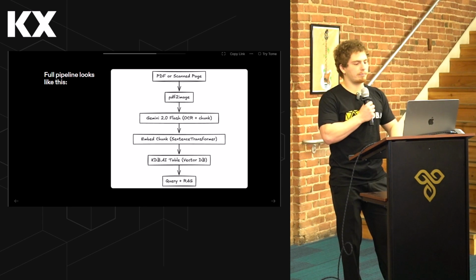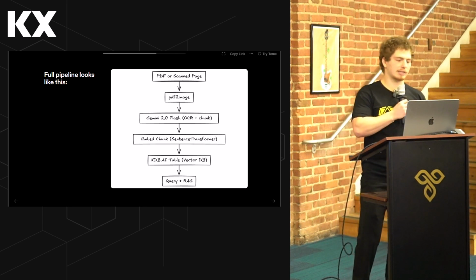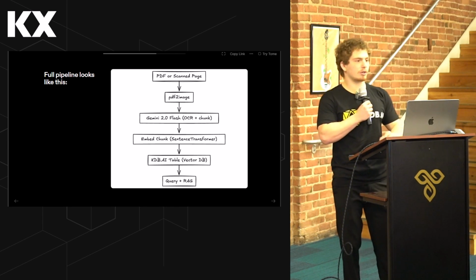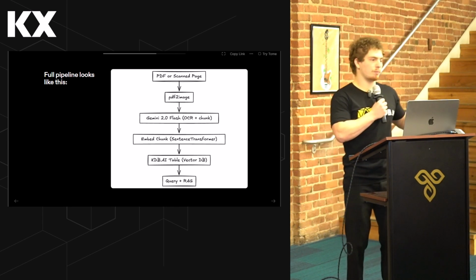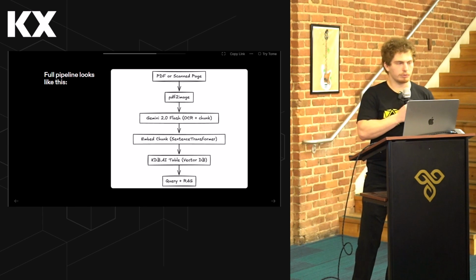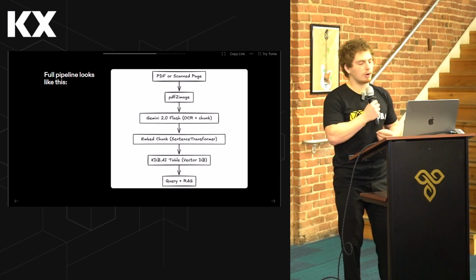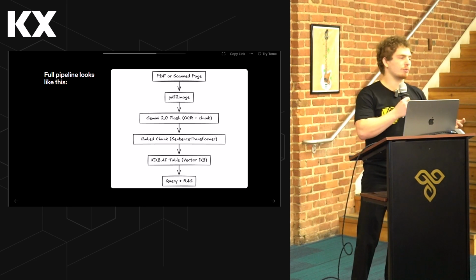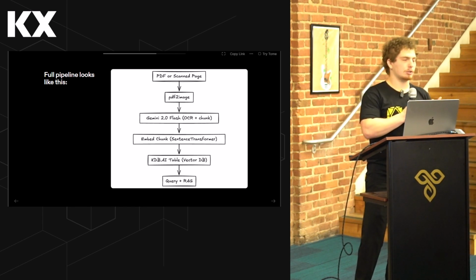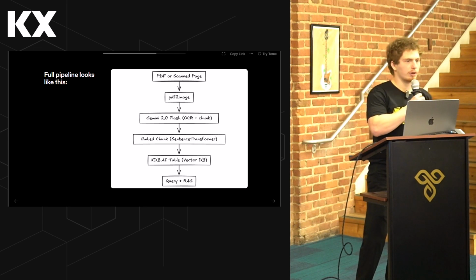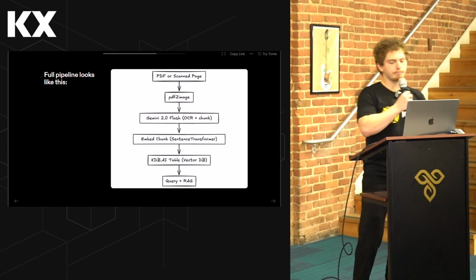Now, the last step you could actually do with any of these platforms. KDB.AI actually has an integration with Unstructured, so you're able to not only get the individual chunks from Unstructured, but you could also get a lot of the metadata about the documents, which can then help you when you're searching later. A lot of the times when you're searching with vector databases, you want to be able to use metadata filters. One, because they'll speed up your search. And two, that can make your search a lot more precise because you're weeding out irrelevant documents.